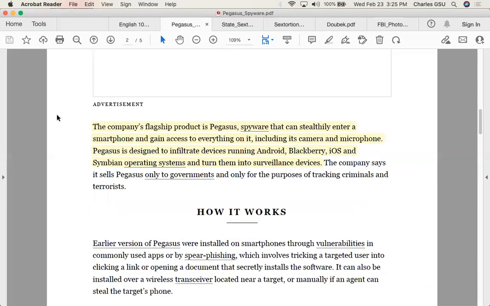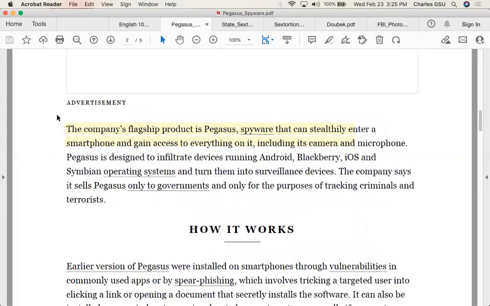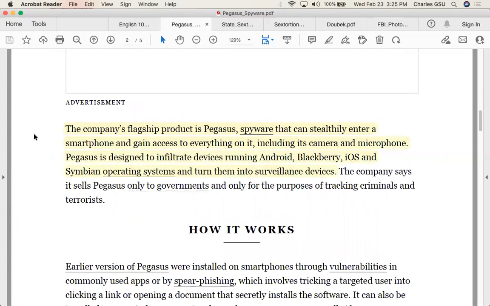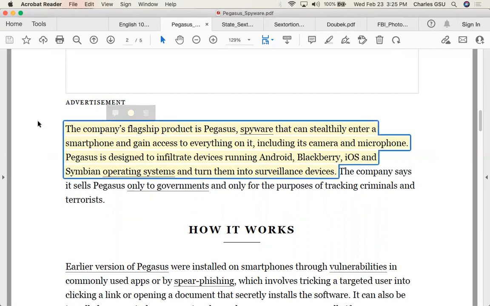So this program called Pegasus is pretty phenomenal, and we're just now learning about it. It says here, talking about the NSO Group, the company's flagship product is Pegasus spyware that can stealthily enter a smartphone and gain access to everything on it, including its camera and microphone.